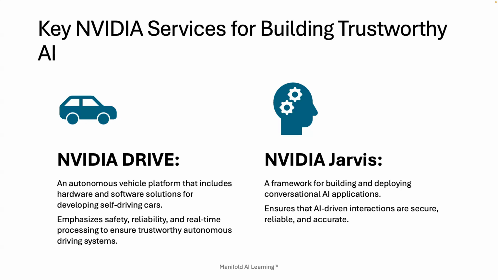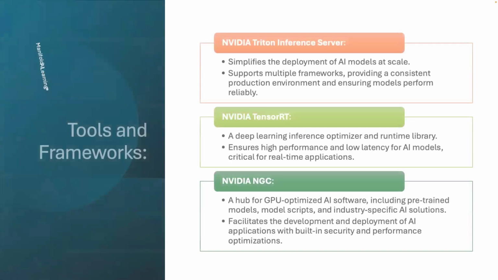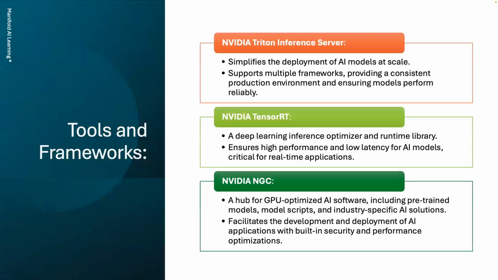Now, apart from these, we also have various tools and frameworks. One of the important tools under trustworthy AI is the NVIDIA Triton Inference Server. This is one of the important tools or frameworks, because you will see me talking about it in various units and describing its various applications.